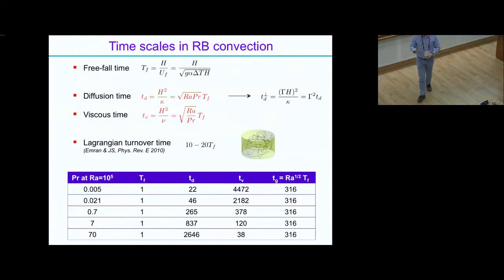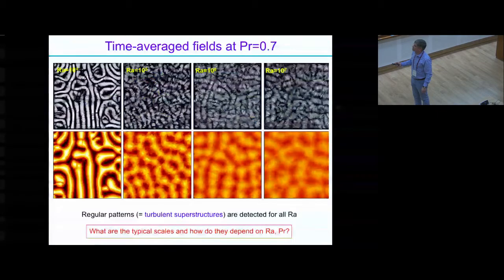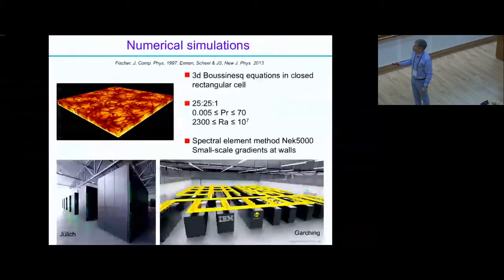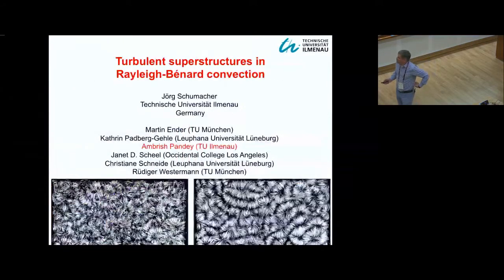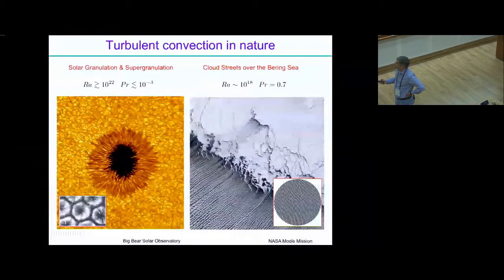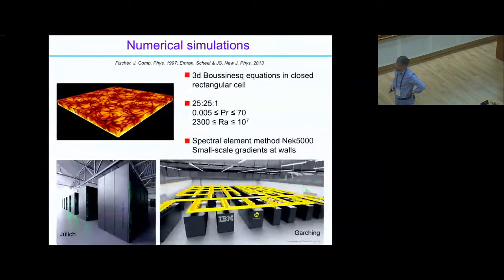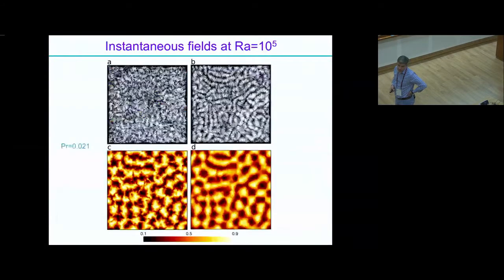Can you go back to the first slide? Yes. This one. So this is one of the instantaneous snapshots. Yes, it's basically this figure, the same, just a little bit bigger. So it's the same data.